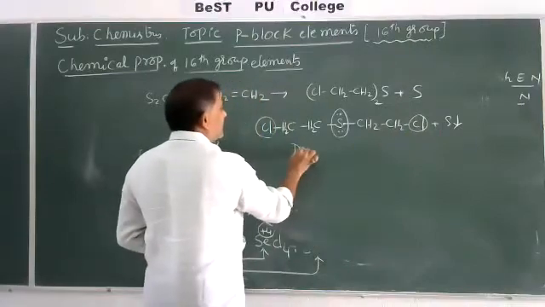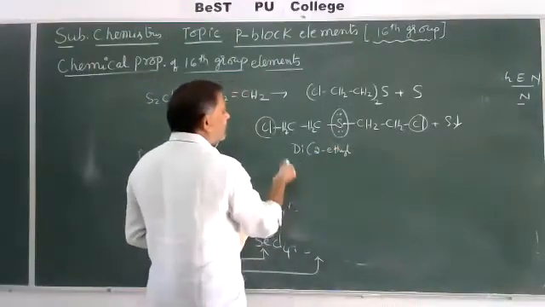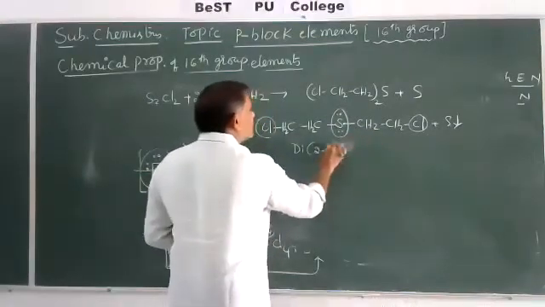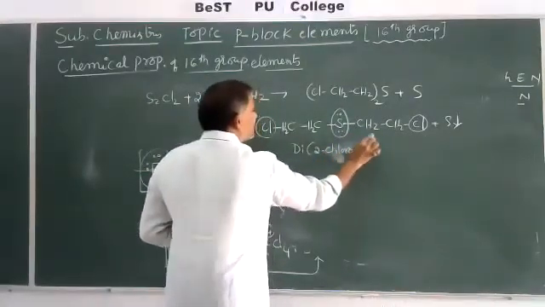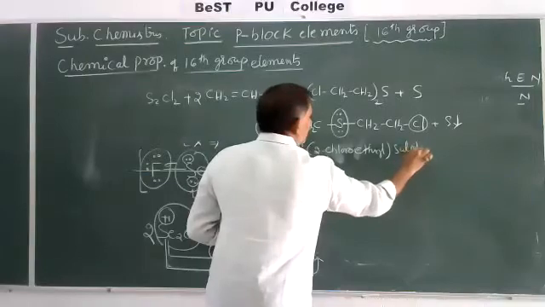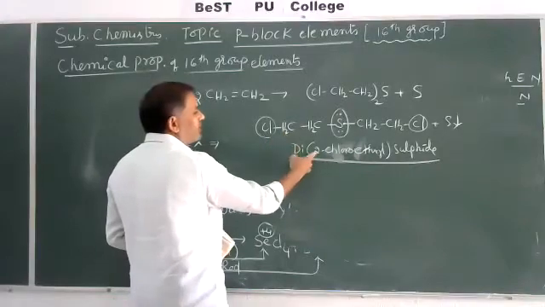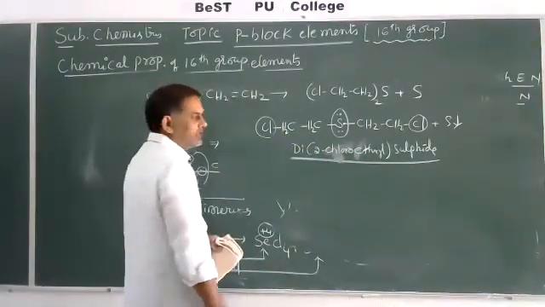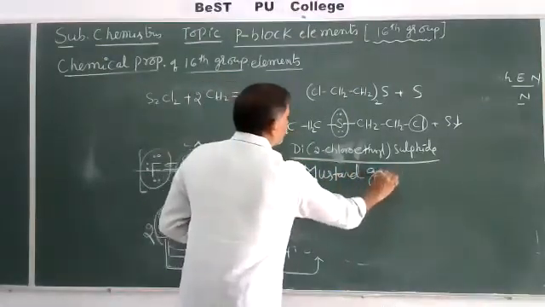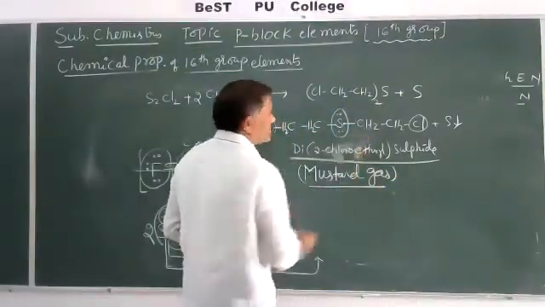That's why we take di-2-chloroethyl sulfide. Di means 2 are there. Dichloroethyl sulfide is mustard gas. Very, very important formula this is: Cl-CH2-CH2 taken twice and S.